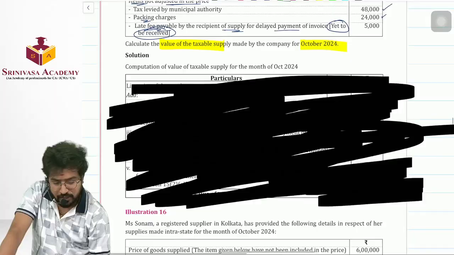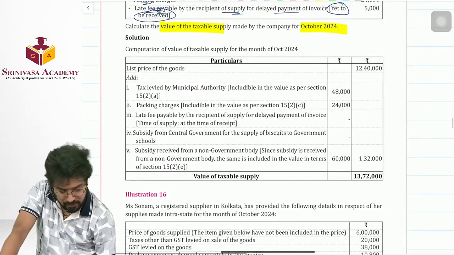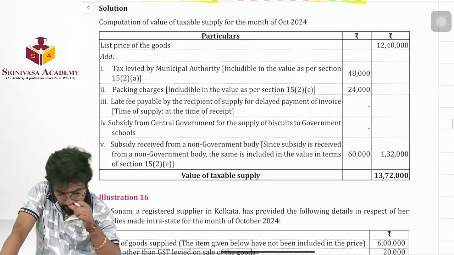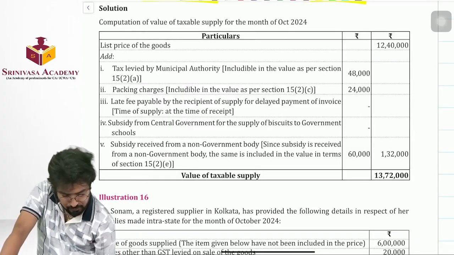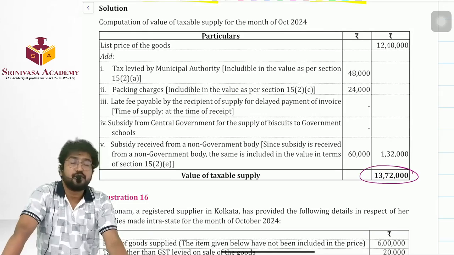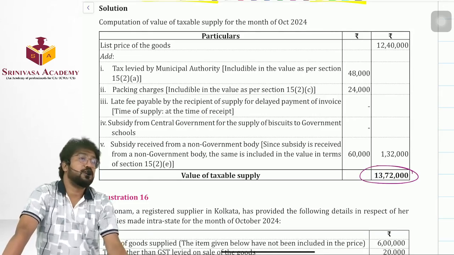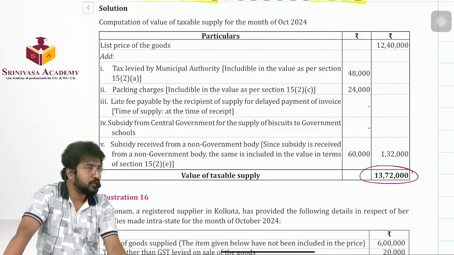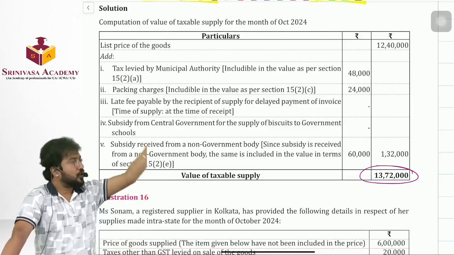So that will not be value of supply. 13 lakh 72,000. Shall we continue? When you are doing a problem, be careful for which month you are doing the calculations, because some information may be related to the next month or the previous month.